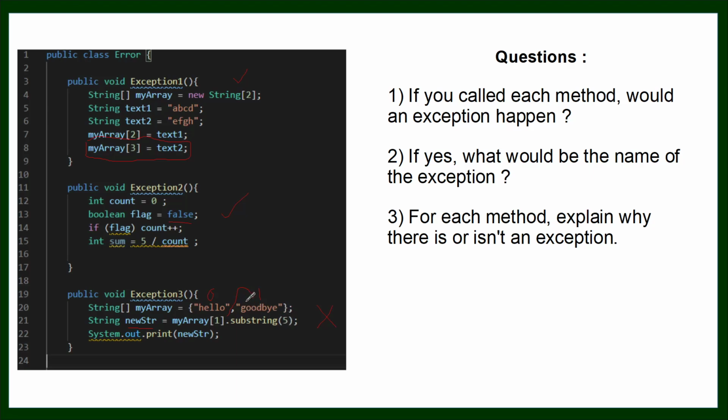So that's 0, 1, 2, 3, 4, 5. So it will produce a substring containing these 2 characters. So it'll go from 5 to the end of the string. So it's not trying to access something that's out of bounds, it's within the bounds, and so it'll be inputted into there and then outputted. So there will not be an exception for the third method.